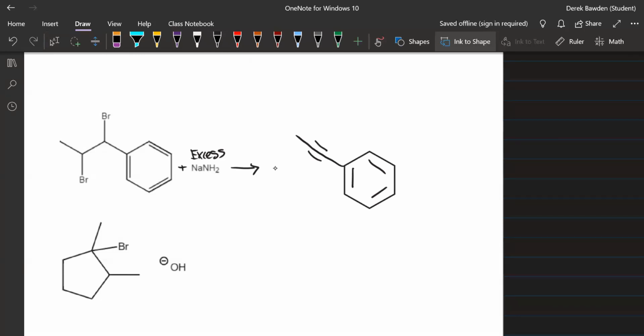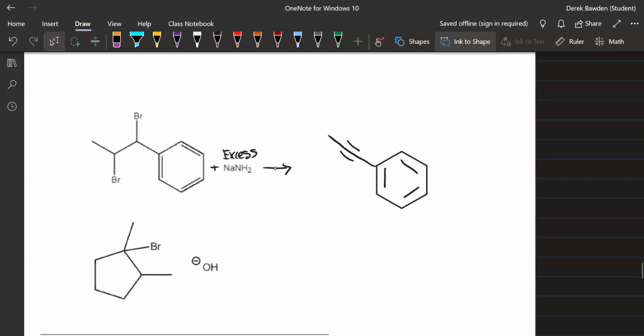It sounds like nobody was really aware of that one, so he may not do that one, but just be aware that if there's a proton giving molecule in excess, it's going to take all of your leaving groups down to either double or triple bonds. Because there were 2 leaving groups here, we got a triple bond. If it was just one of the bromines, then you would get a double bond there.